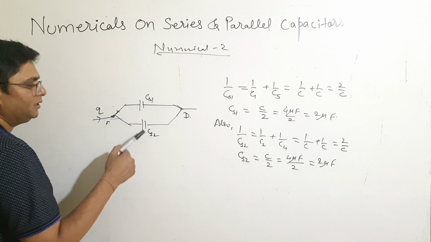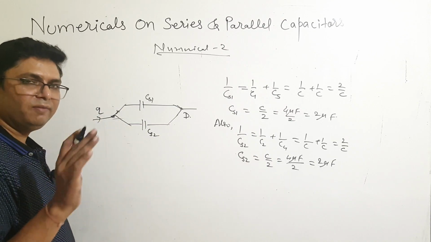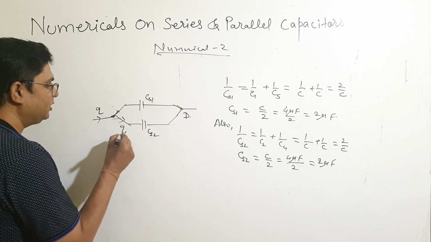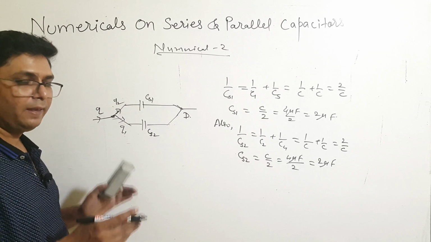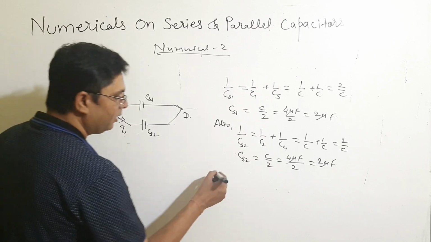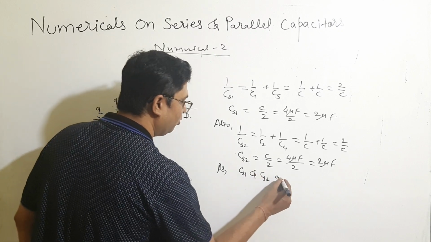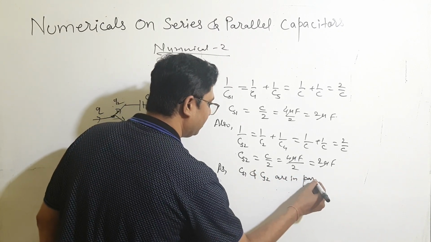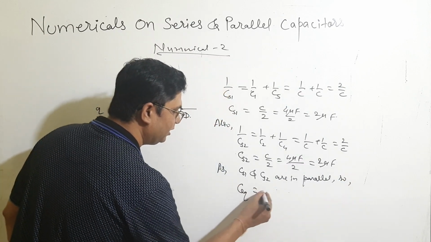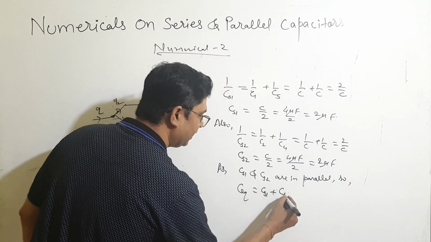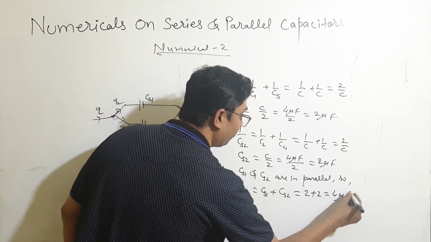Here CS1 and CS2 have two different charges, Q1 here and Q2 here. So these two capacitors are in parallel. We know that C equivalent equals CS1 plus CS2. So this is 2 plus 2, equal to 4 microfarad.